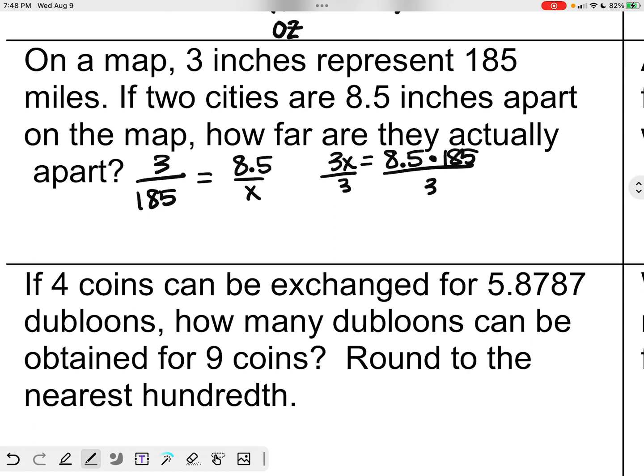To get x by itself, let's divide both sides by 3. And x will equal 524.16 miles. If we're following the 1 decimal that they were using, possibly 524.2 miles.